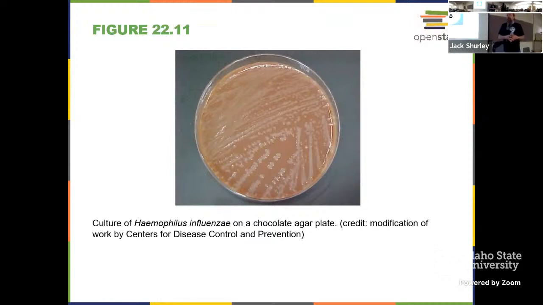Sheep is pretty common. They take the sheep blood, they add that to the media, swirl it around a little bit, and then they pour the plates. All right, you can't cook or autoclave the blood, or it does this, all right? It destroys those red cells, lyses them, and then all of the nutrients that were trapped inside of them are available for things that want them but can't get them on their own, all right?